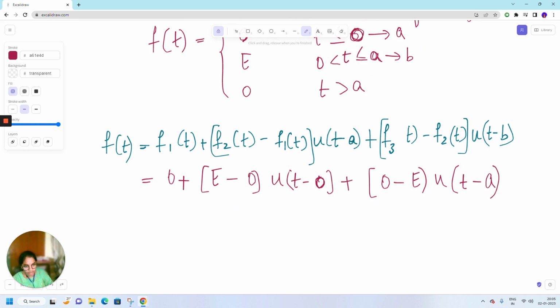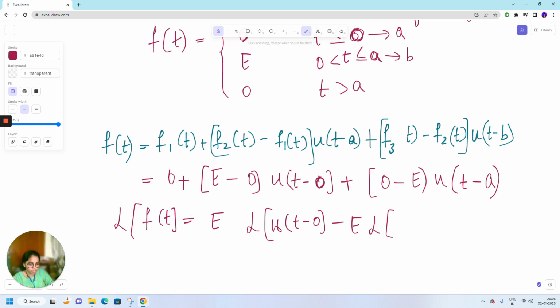Now we would have to find the Laplace transform of f of t, which is equal to e, which is a constant, times Laplace of u of t minus 0, minus e times the Laplace transform of u of t minus a.